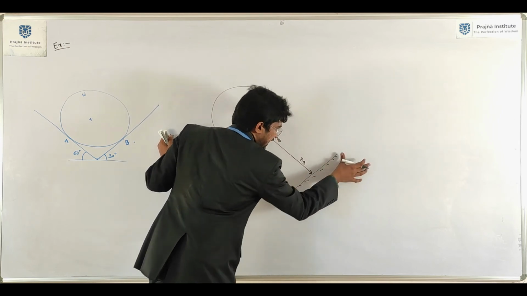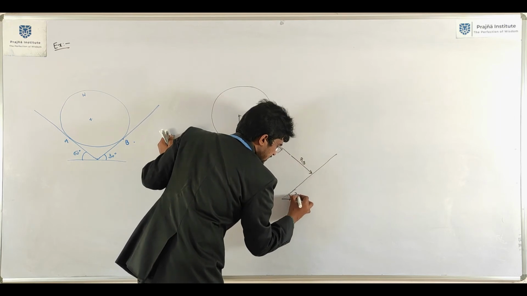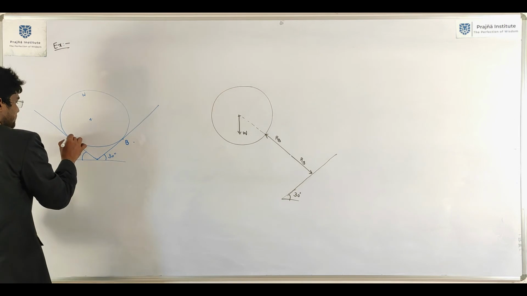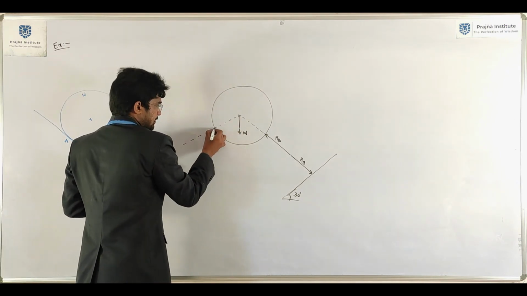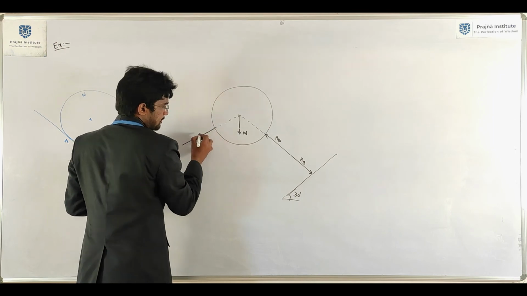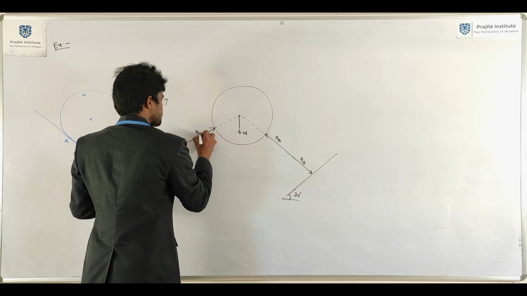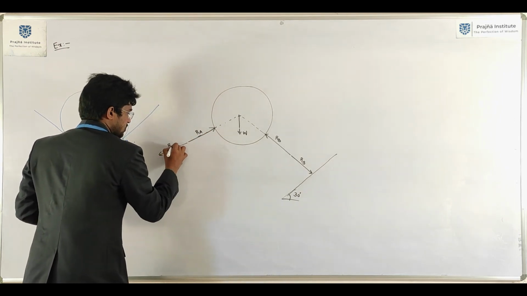It is making an angle 30 degrees. And here, this will be RA. This is RA.